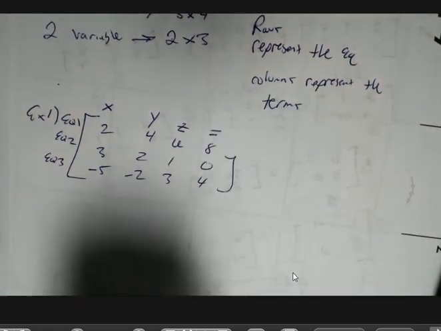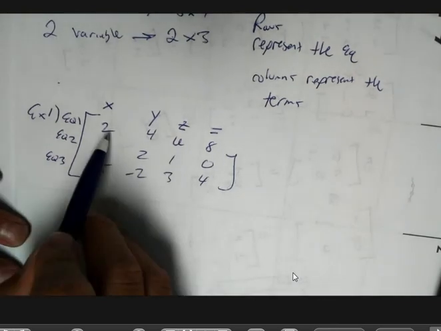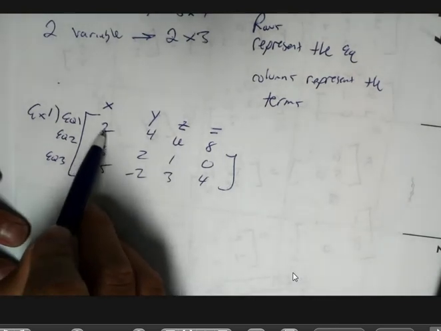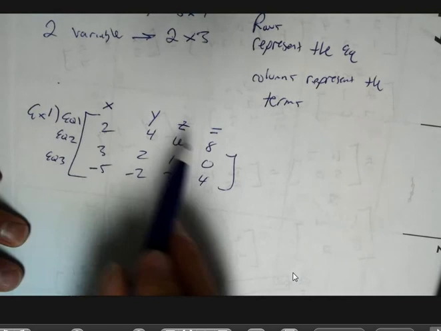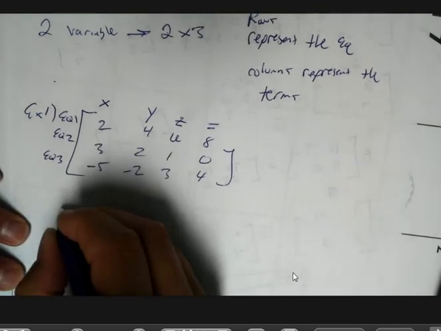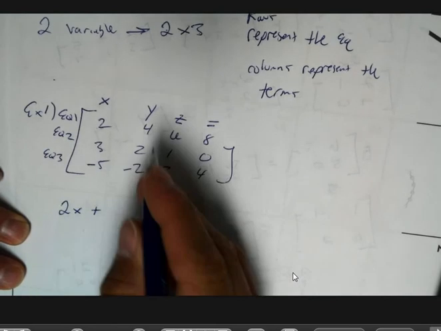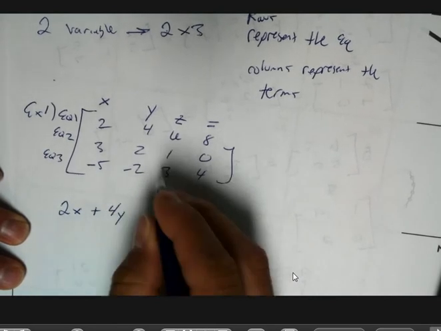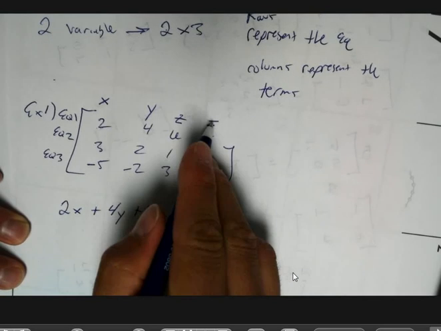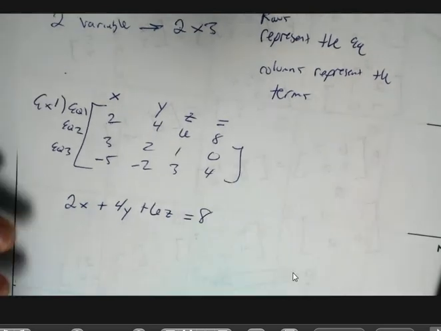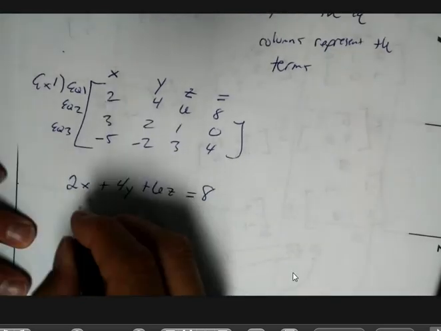So all you're going to do is take these numbers, these are coefficients, and attach them to each variable. So that first equation is going to be 2x plus, because that's a positive 4, 4y plus 6z equals, and then you just put the number down. And then you just repeat the process with the other one.